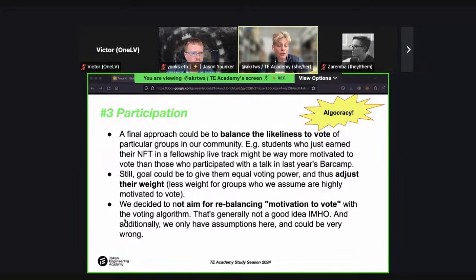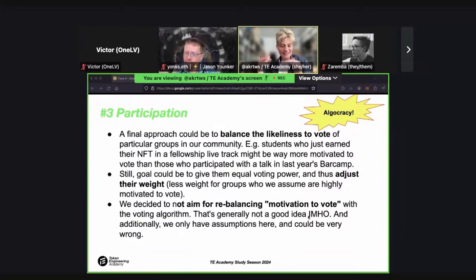And we could establish weights to say, okay, let's give the study season students a lower weight because they might be motivated to vote anyways, and we can expect more voting participants of this type.